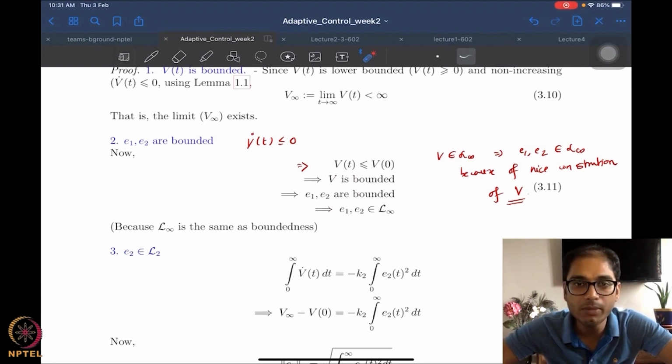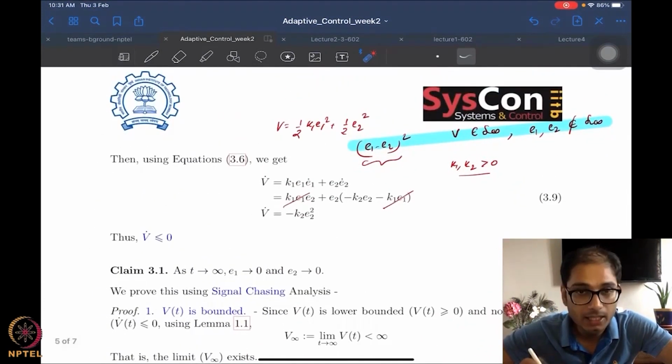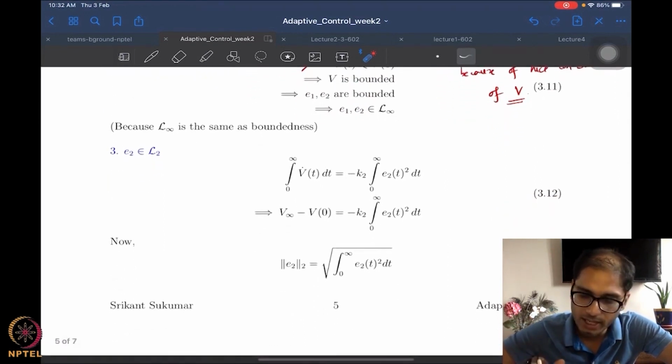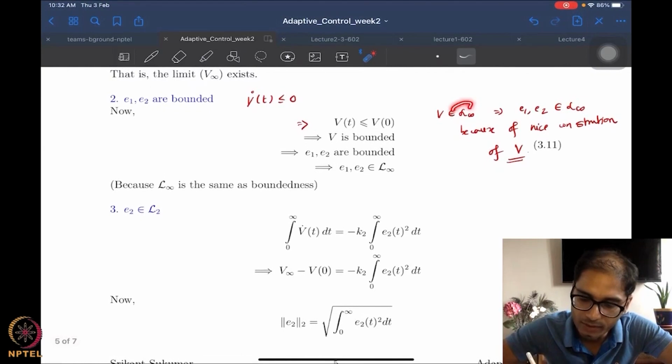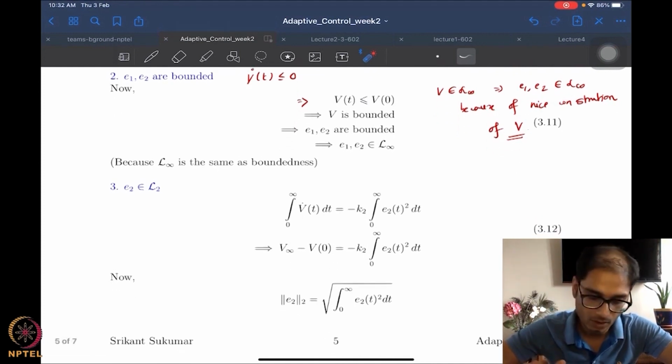If I choose V as E1 minus E2 squared, this still is greater than or equal to 0, so it still has a lower bound, but V being bounded in this case will not imply that the errors are bounded. Of course, we are using boundedness and L infinity interchangeably. We have already proved in class that L infinity is the same as boundedness of the function.